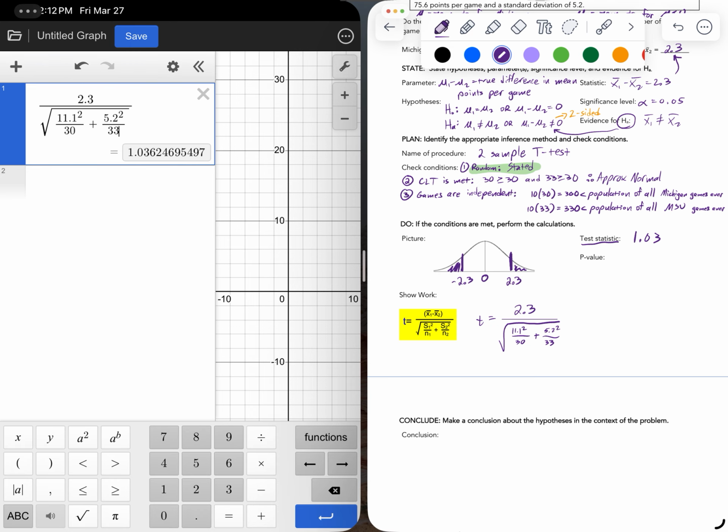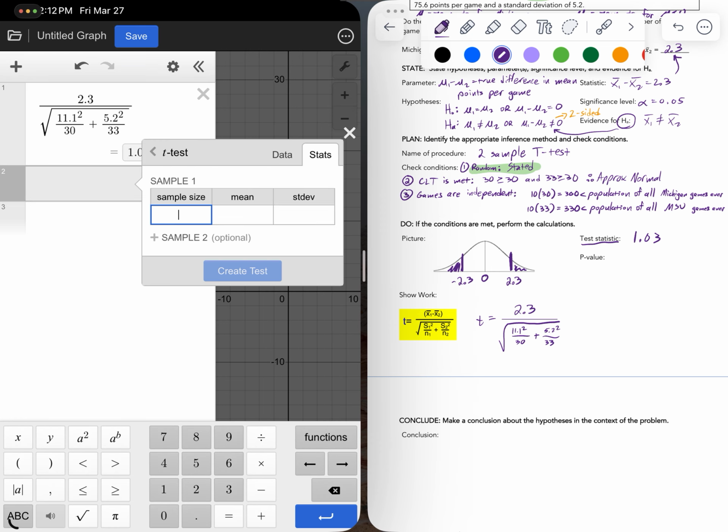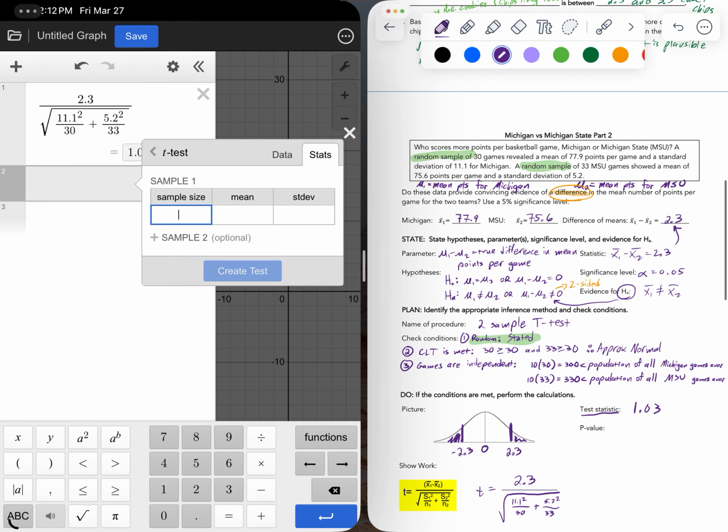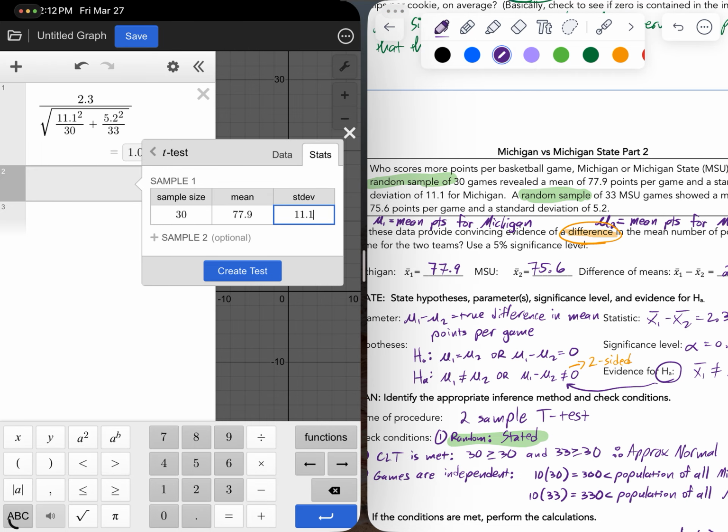And to get the p-value, I'm going to let the calculator do it for me. Inference, t-test, stats, put in Michigan first. Sample size was 30 games. They scored 77.9. Standard deviation 11.1.